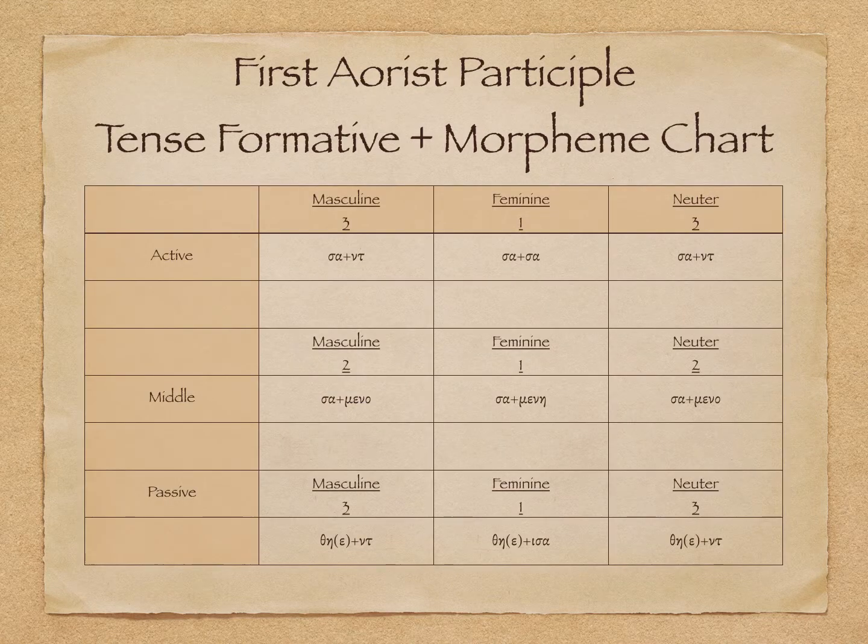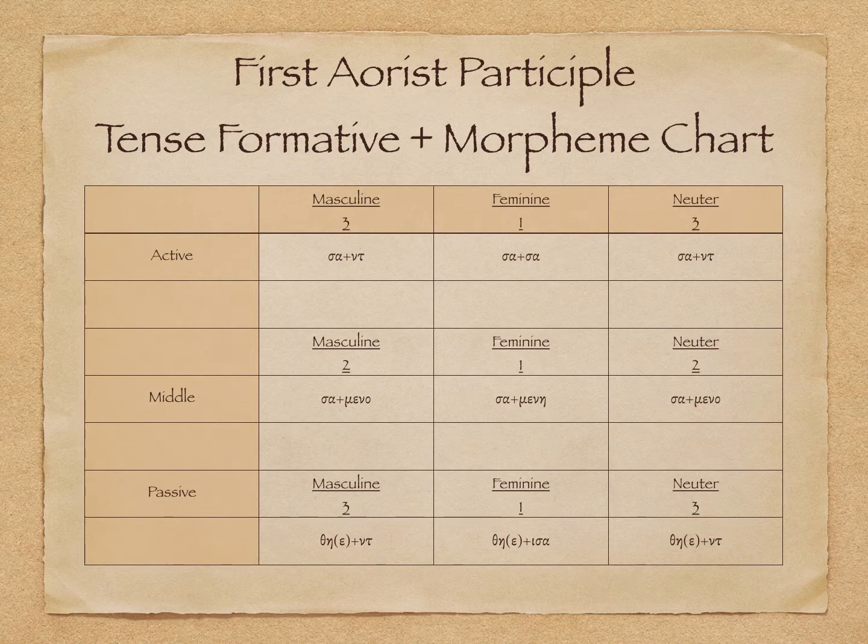So here's another chart that can help you to see the constituent elements of first aorist participles. Notice the first column there, the masculine active first aorist participle, saw plus nu-tau. Middle, saw plus meno.